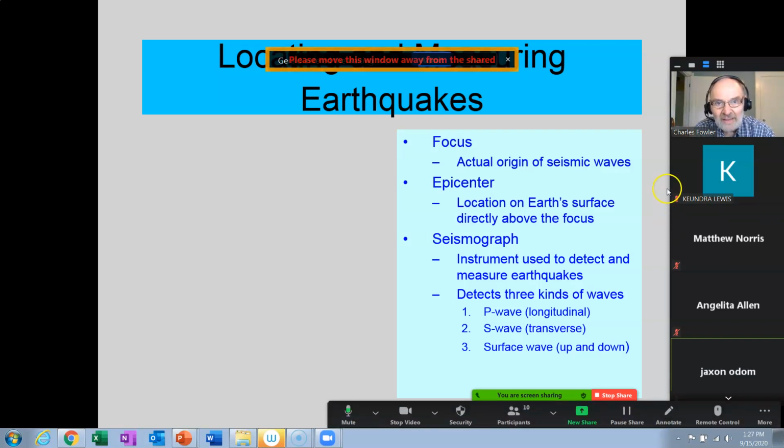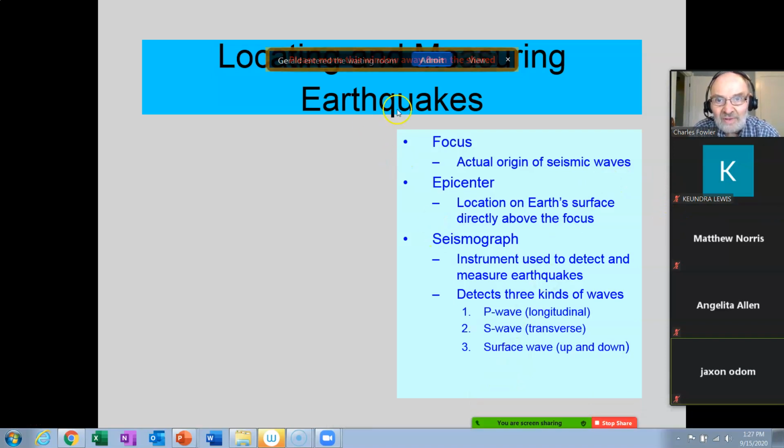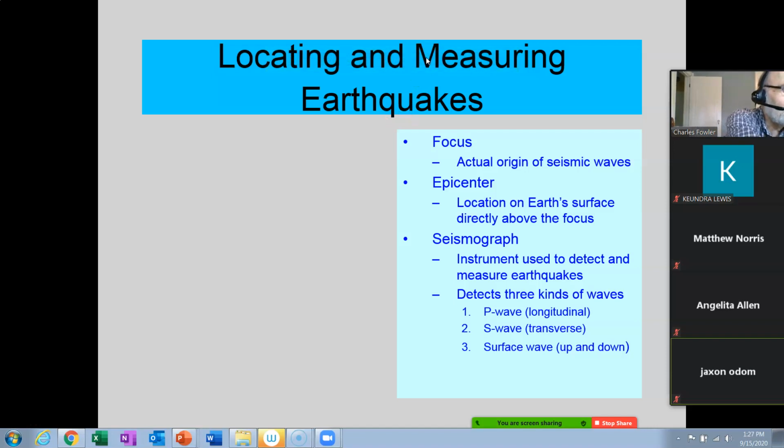Oh, here comes somebody coming in. I can't see who it is because of Gerald. Okay, so let me let Gerald in while I'm marking Gerald present. Gerald Coleman, there he is. Now, I can't tell if anyone else is under that window or not. This is the strangest thing. It's something between Zoom and Blackboard.